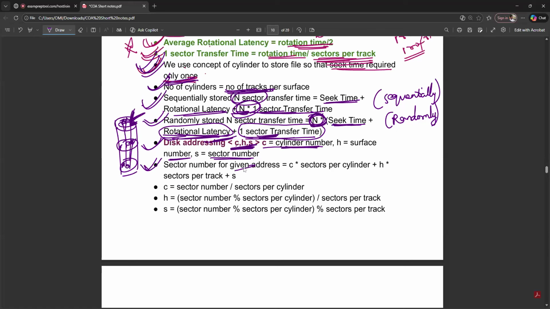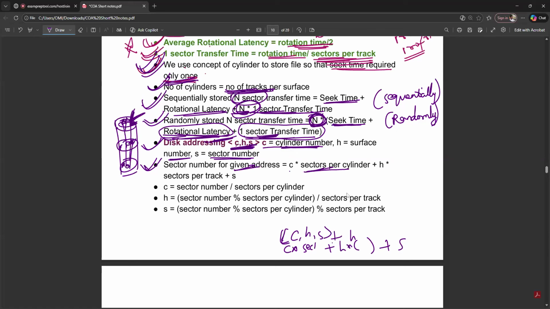If you want to find the sector number for a given address, it is C times the sectors per cylinder you have traversed, which means how many sectors you have crossed, plus H times sectors per surface, plus S. Here we are dealing with the number of sectors.